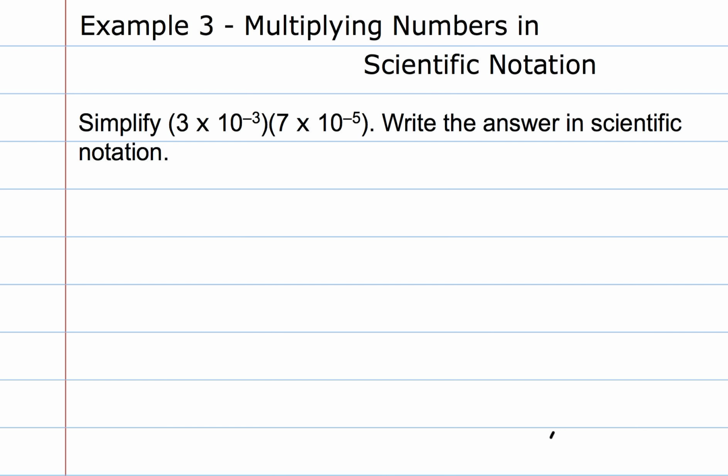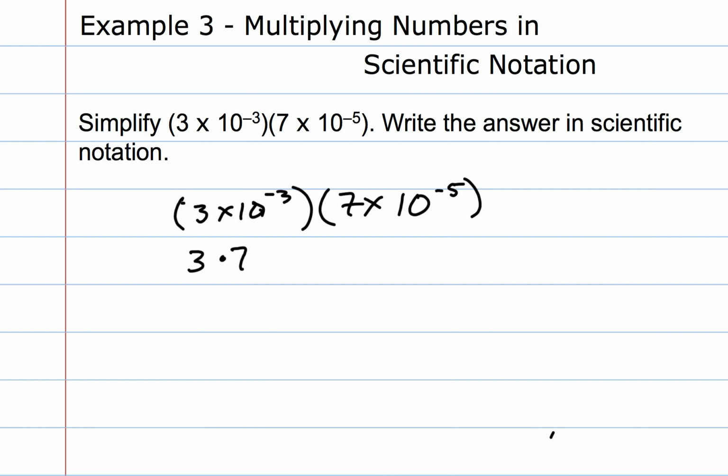So writing this problem down, we need to multiply the 3 and the 7. We multiply the A part of scientific notation. And then we'll multiply that by the powers of 10.